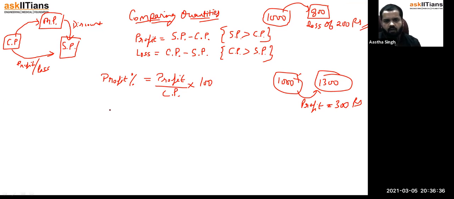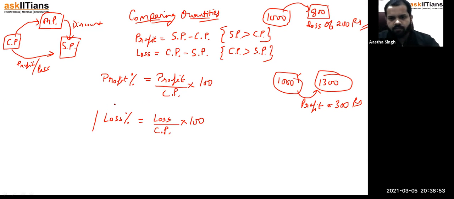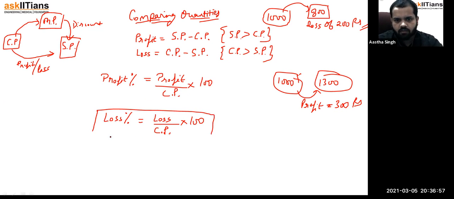In the same way, loss percentage is your loss divided by cost price, multiplied by 100. These are basically your formulas for profit and loss percent.